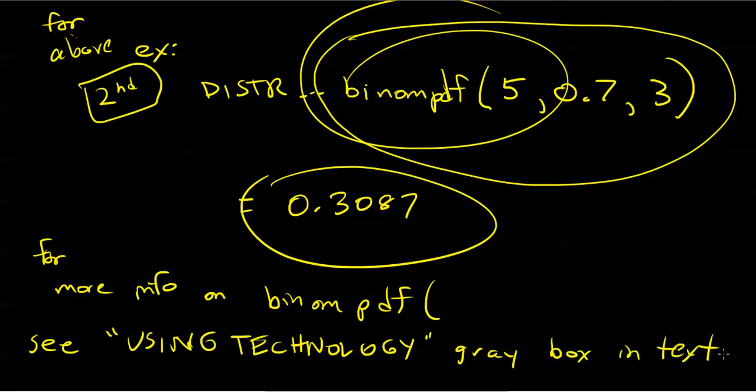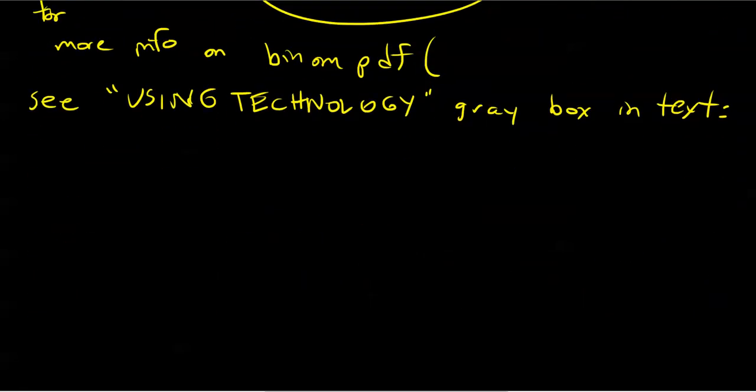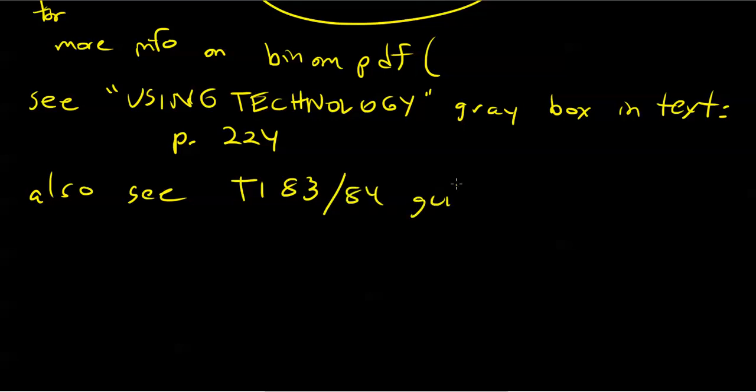We're familiar with these using technology boxes. We've seen them before. For this particular command, see the instructions on page 224. So you've got some written and more formal instructions right at your fingertips in the textbook. Or we could also see the TI 83 or 84 guidebook for much more formal and detailed instructions regarding this command. Okay?